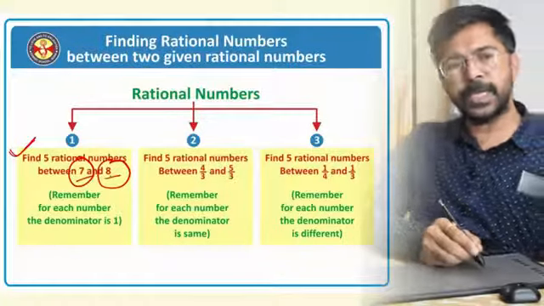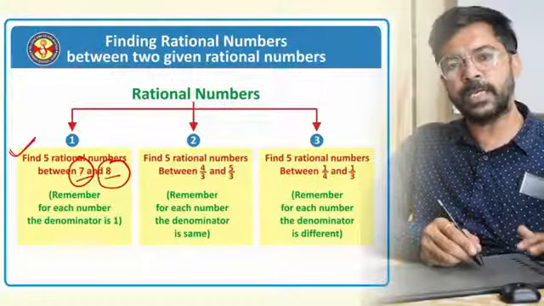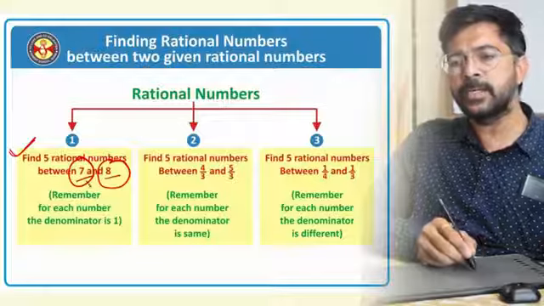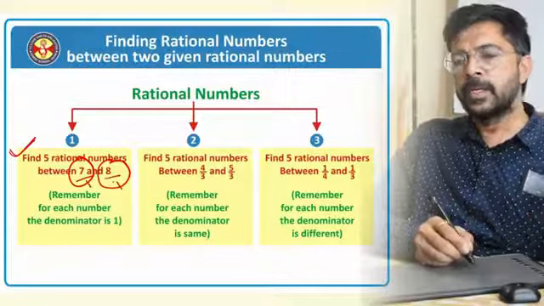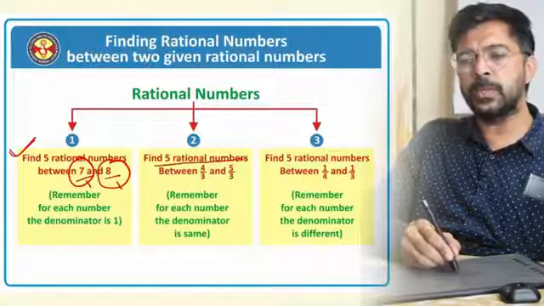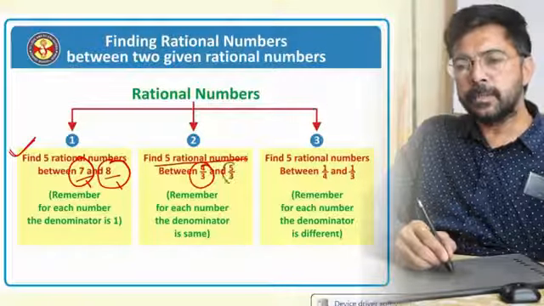We can say 7 and 8 are two integers, or we can say 7 and 8 are rational numbers with denominator as 1.